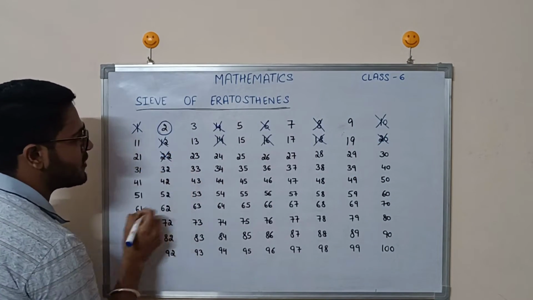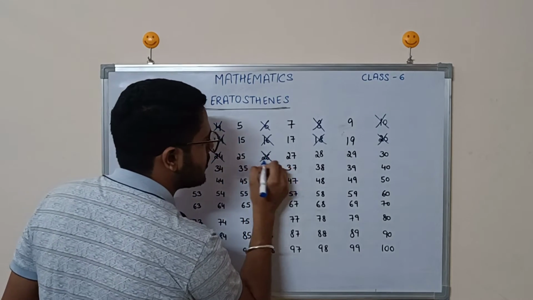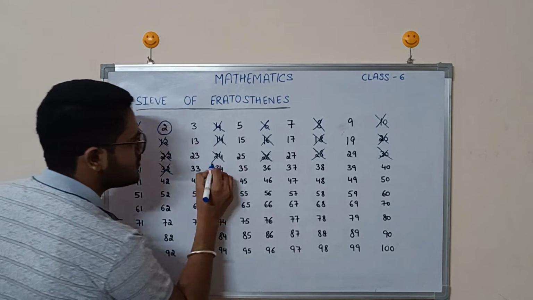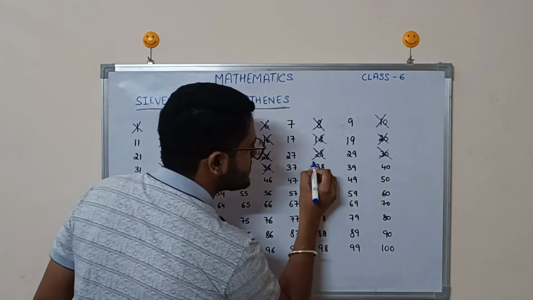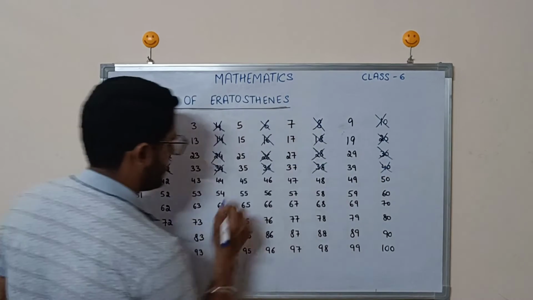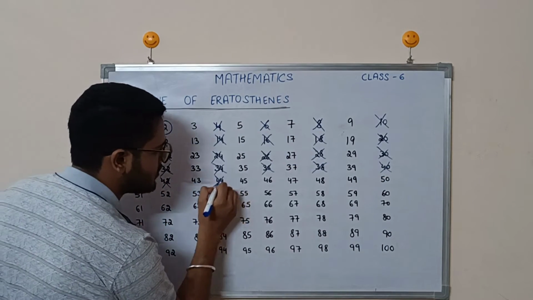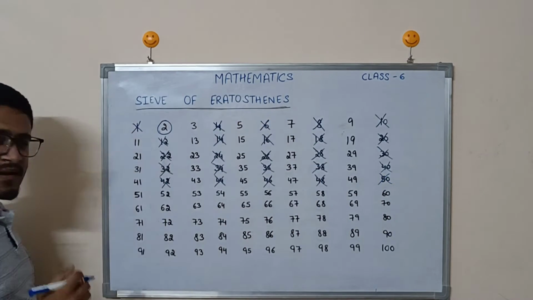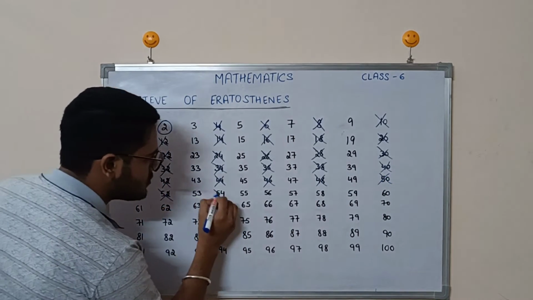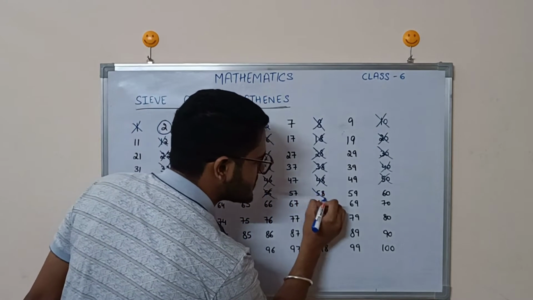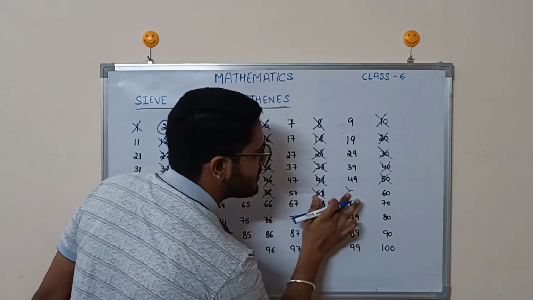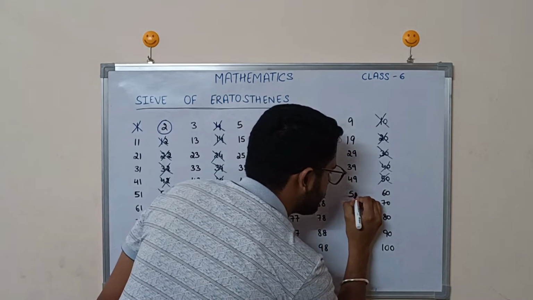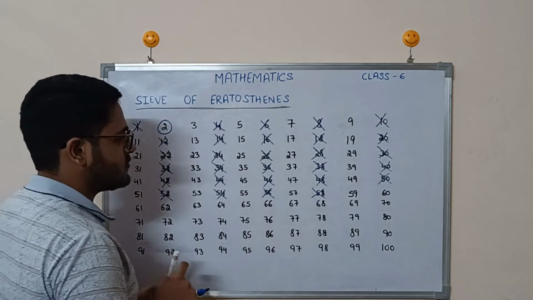Then we go on to 22, 24, 26, 28, 30, 32, 34, 36, 38, 40, 42, 44, 46, 48, 50, right? Similarly, 52, 54, 56, 58, 59 is not a multiple of 2, so we won't cross it out.